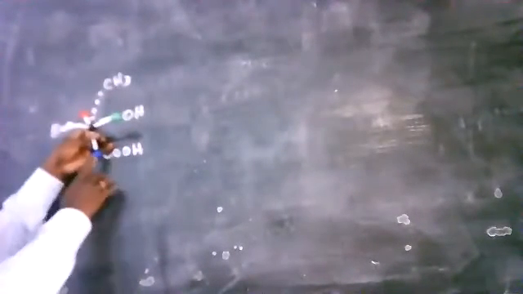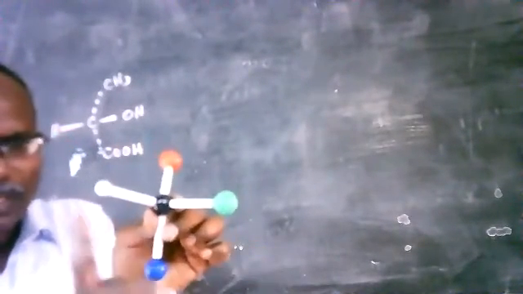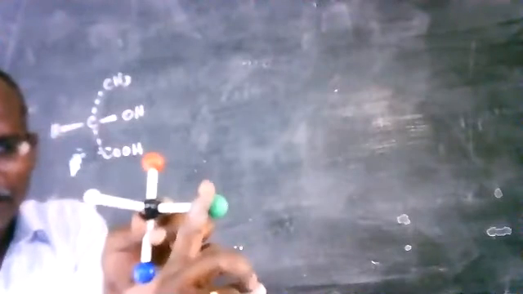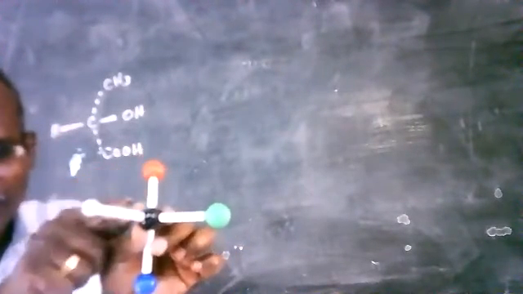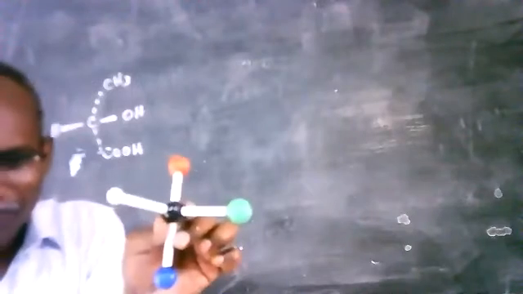White is hydrogen, green is OH, blue is COOH, and red is CH3. Look at the image. See? The white and the green are projecting towards the viewer, whereas red and blue are away from the viewer.